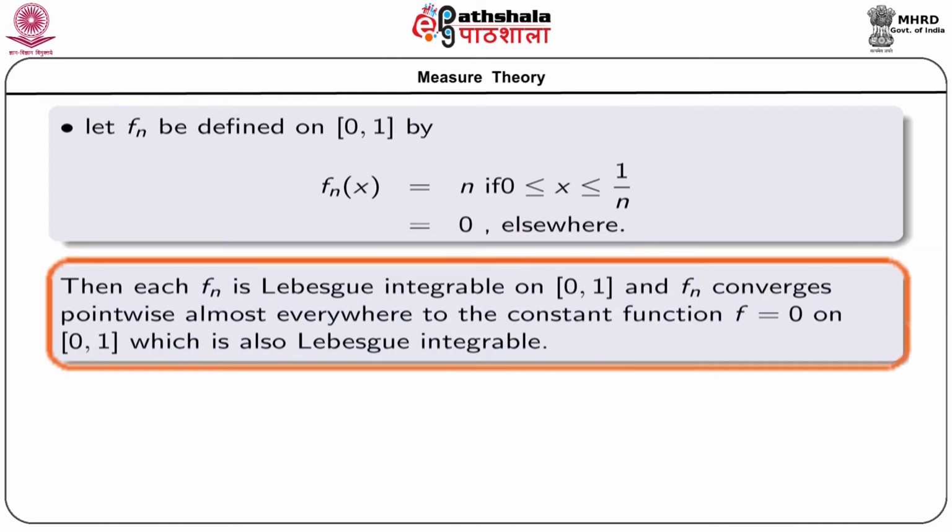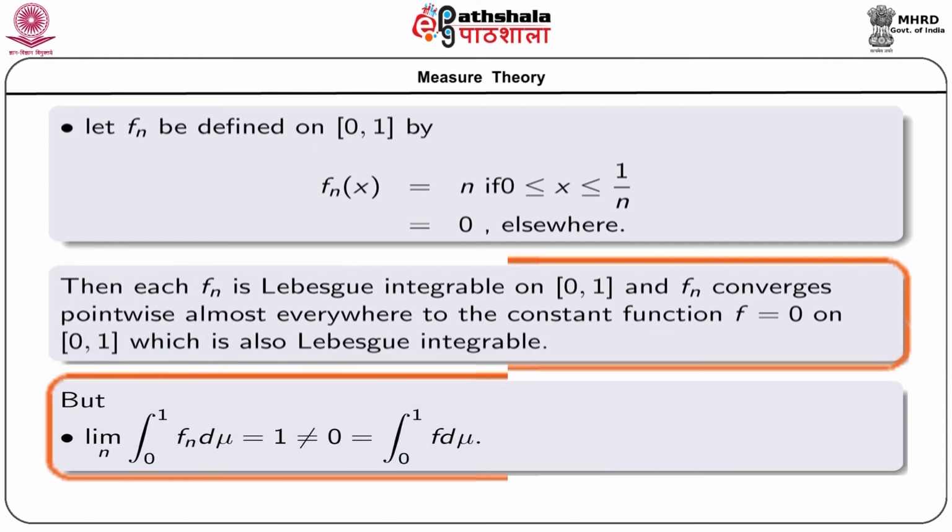Obviously, each f_n is actually the characteristic function of closed [0, 1/n] times the number n. So, each f_n is a simple function, and so each f_n is Lebesgue integrable on closed [0,1], and f_n converges pointwise almost everywhere to the constant function f equal to 0 on closed [0,1], which is also Lebesgue integrable.